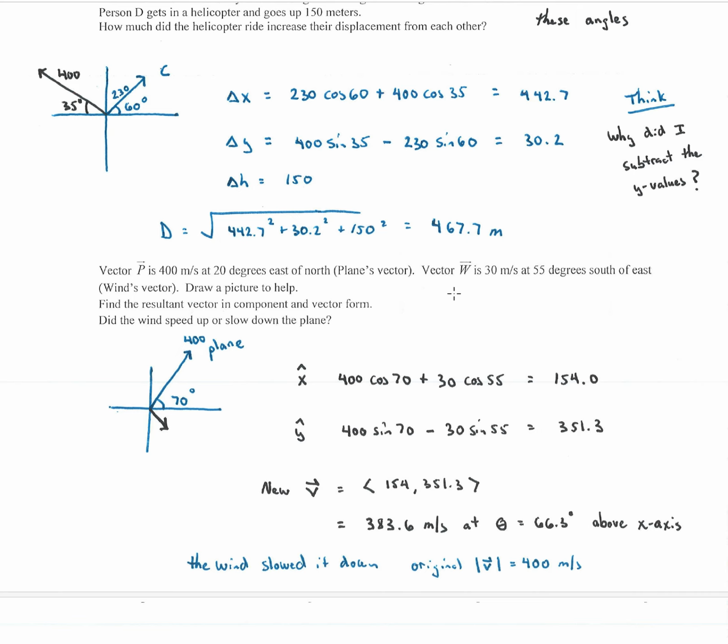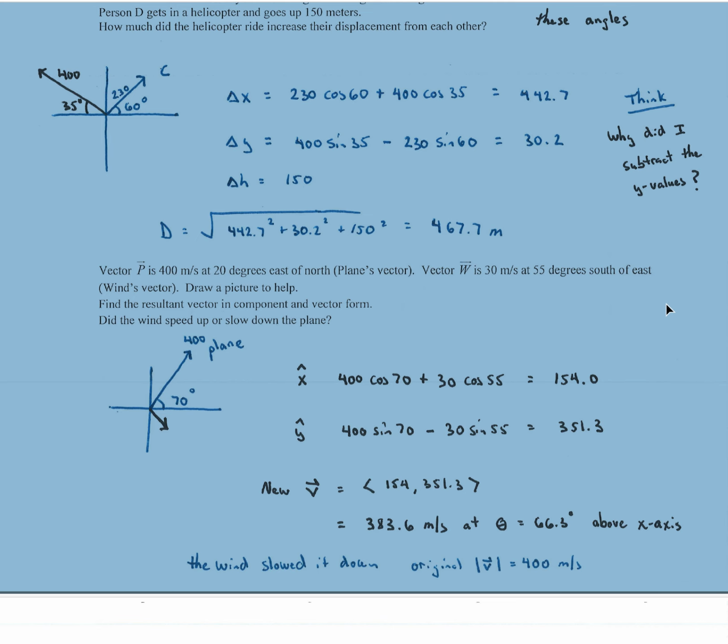And then the wind is 30 meters per second at 55 degrees south of east, which is the correct angle we want, the horizontal angle, right? South, down of right. And then the result, remember the resultant, is the combination of what the wind does to the plane, and now we have the actual net result of that.